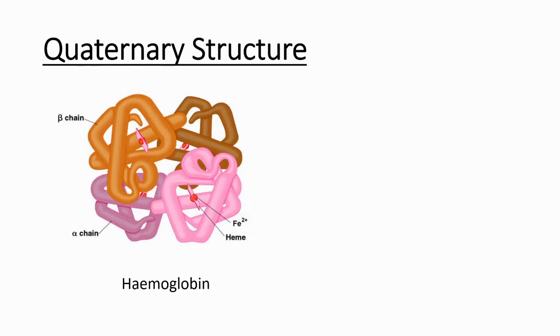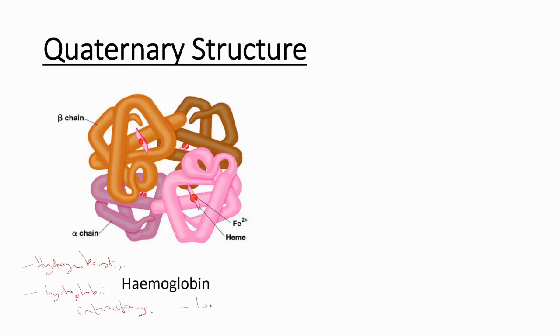Interactions between these four polypeptide chains can occur through hydrogen bonding and also through hydrophobic interactions. Hydrophobic interactions make up the bulk of the interactions within hemoglobin.